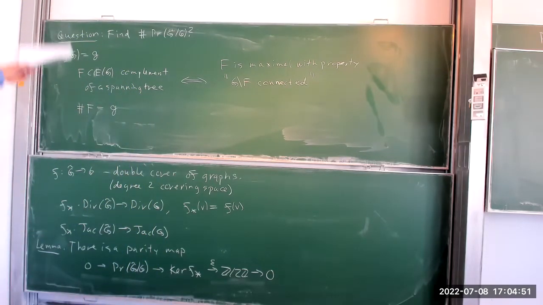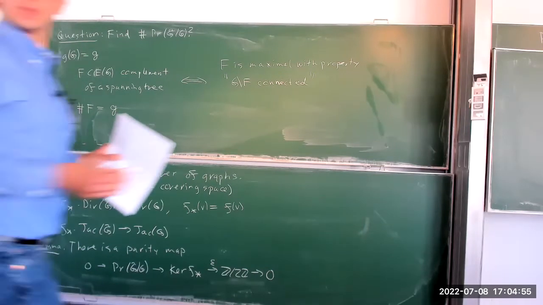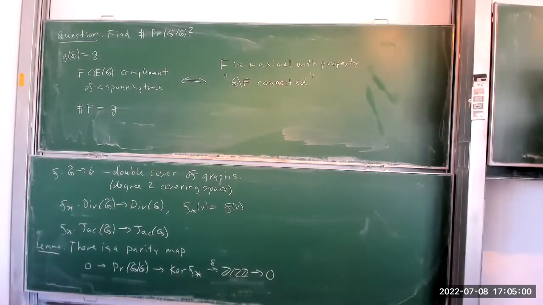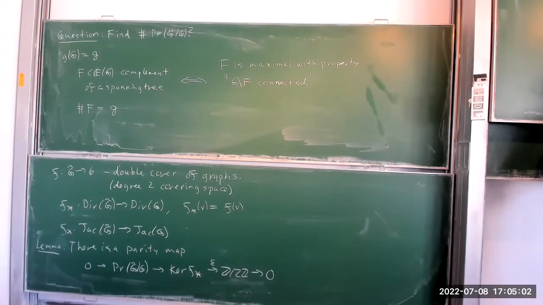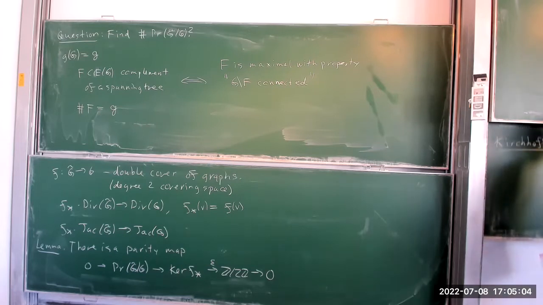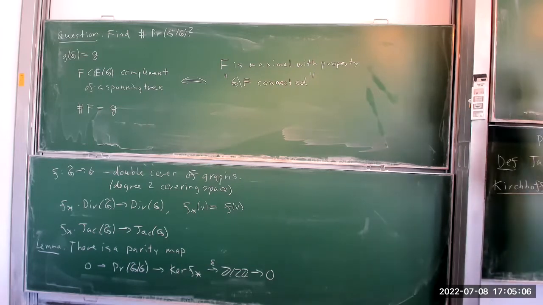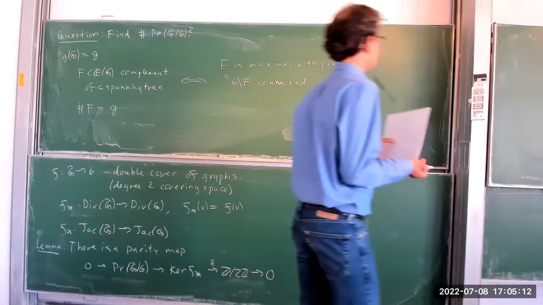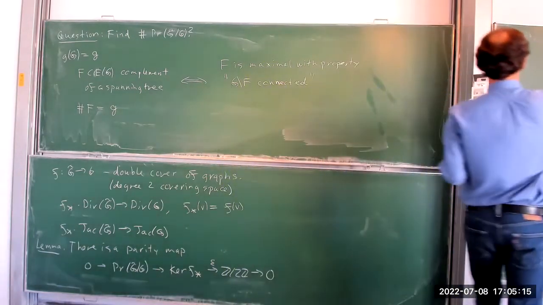Okay, so what I want is some kind of notion of this that makes sense for double covers and not for individual graphs. And so here's what I'm going to do. Actually, so now G tilde is going to be a double cover.